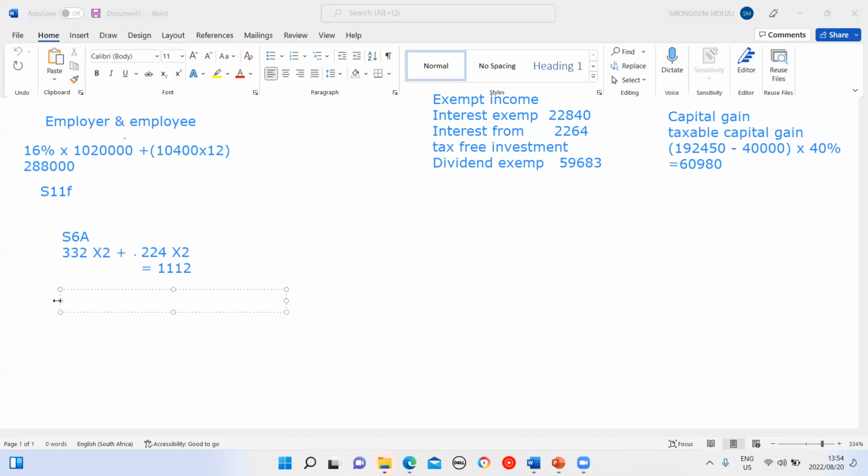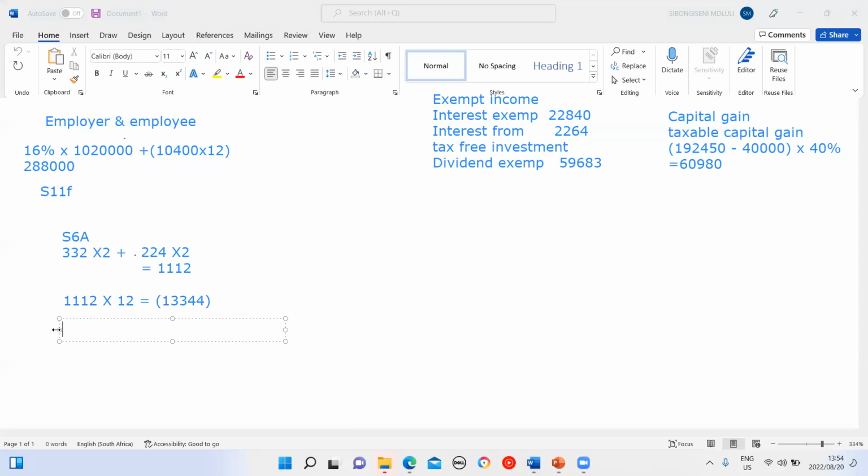She worked for the entire 12 months, so the rebate will be 1,112 times 12, and this will be equal to 13,334. And that will be deducted as a rebate, obviously. I didn't write the 15,714 because there wasn't a complex calculation there. That's the rebate for section 6A.